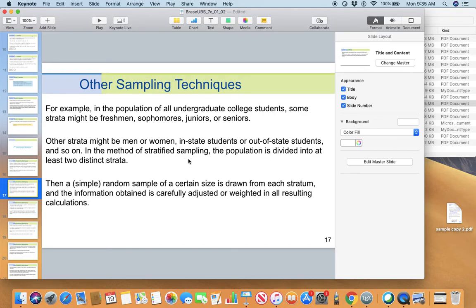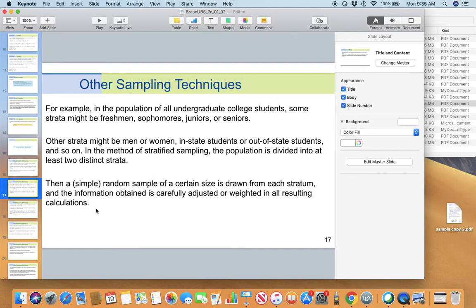In the method of stratified sampling, the population is divided into at least two distinct strata. Then, a simple random sample of a certain size is drawn from each stratum, and the information obtained is carefully adjusted or weighted in all resulting calculations. So, this is stratified sampling.